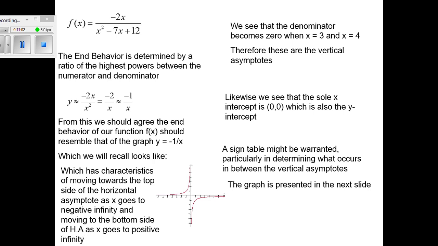I make a statement here that says the sign table might be warranted, particularly in determining which occurs in between the vertical asymptotes. So again, 2 vertical asymptotes leaves us with 3 regions.